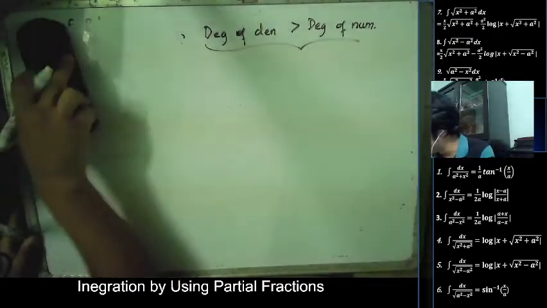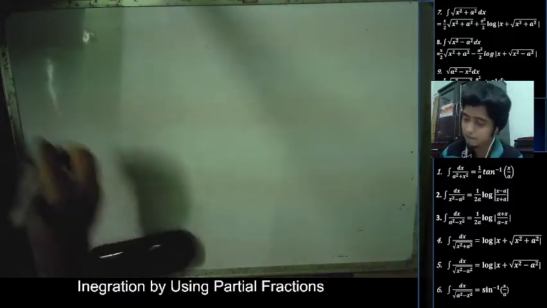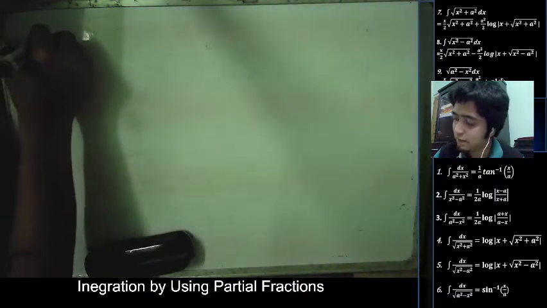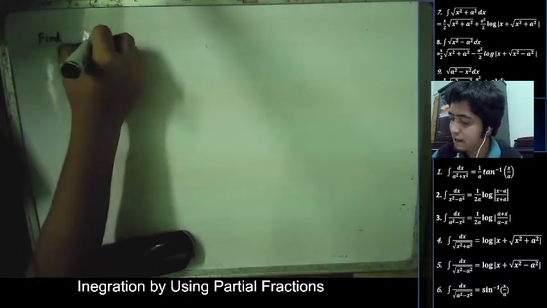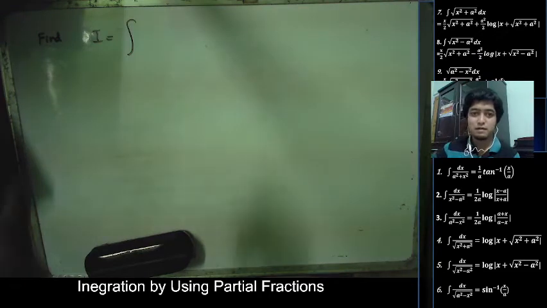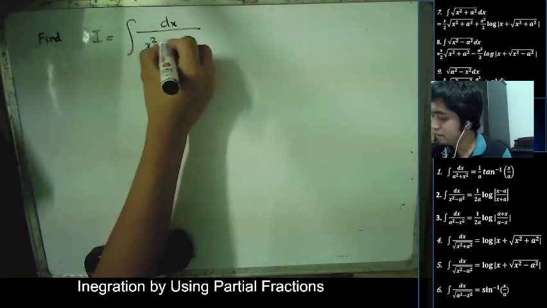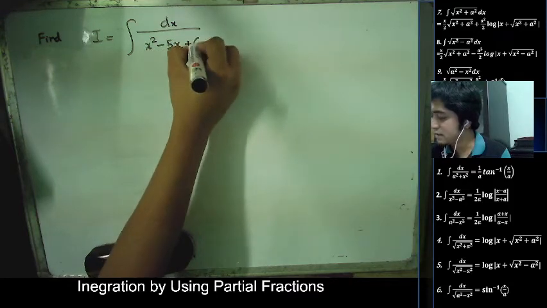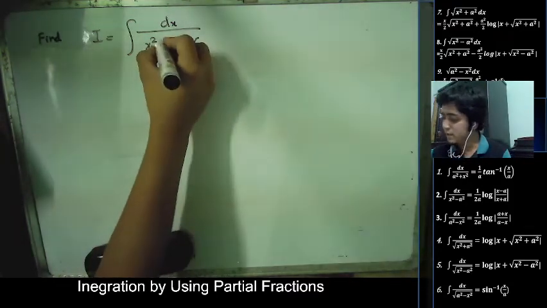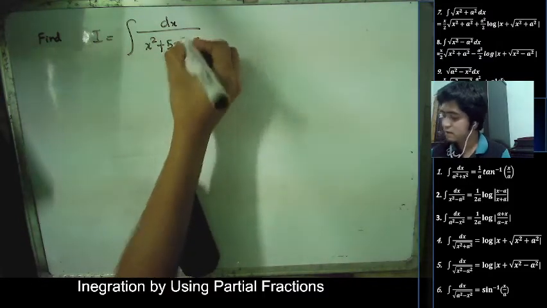I will start with a very easy one. I equals the integration of dx by x squared plus 5x plus 6. Maybe let us make this one plus and over here minus.